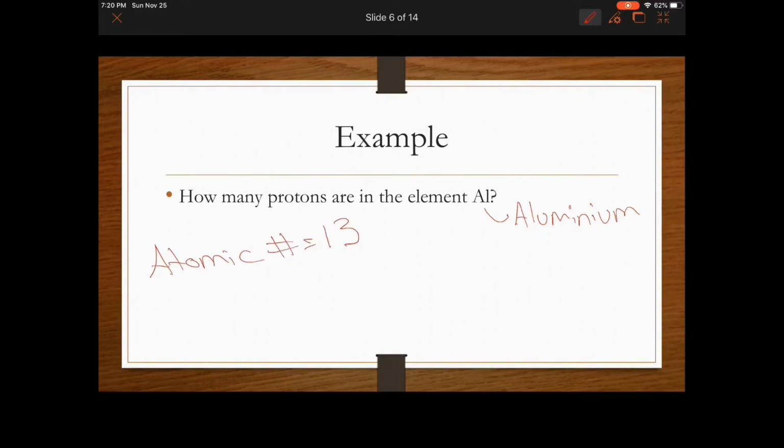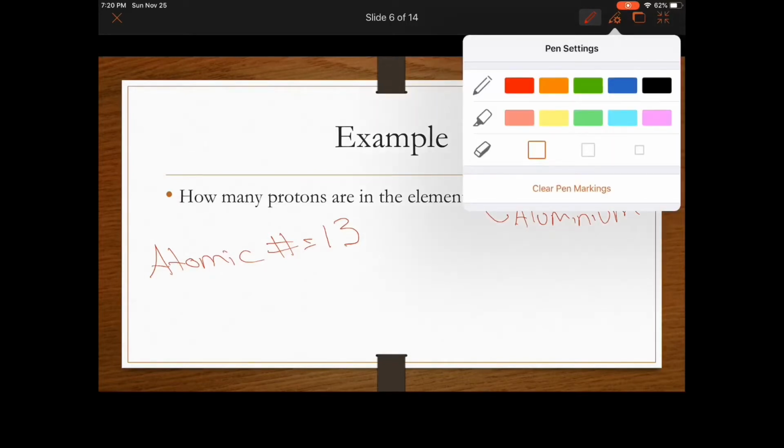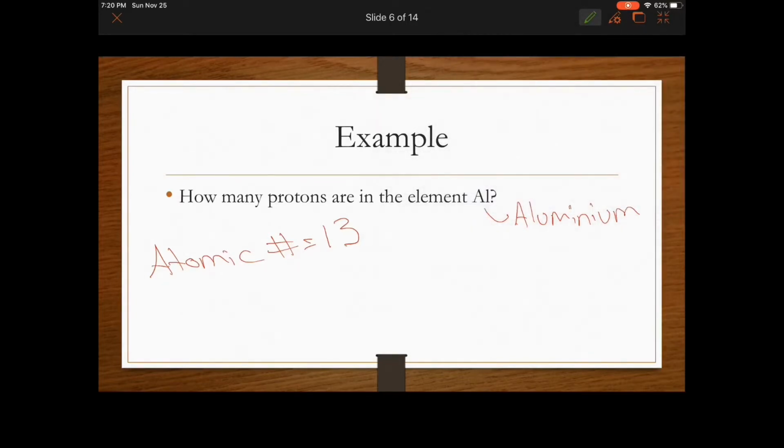All right, and like we have stated in the previous slide, the number of protons equals the atomic number. So saying that, that means that my number of protons is 13. So aluminum has 13 protons in it.